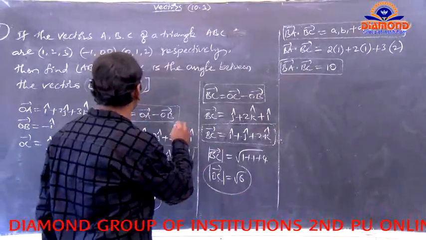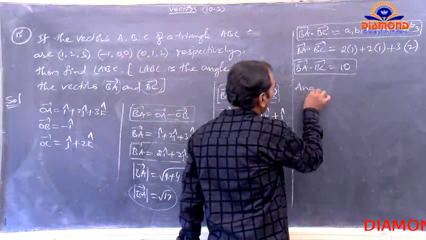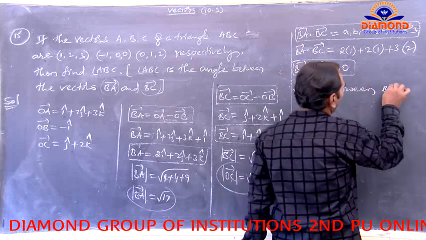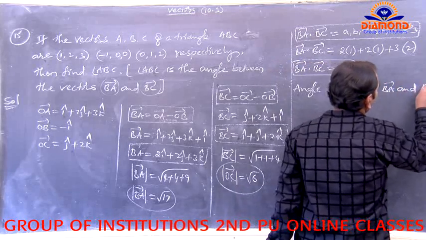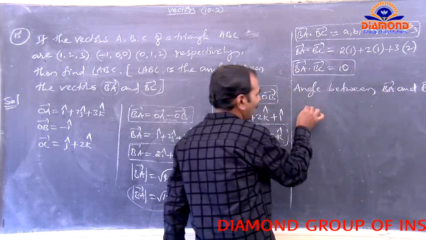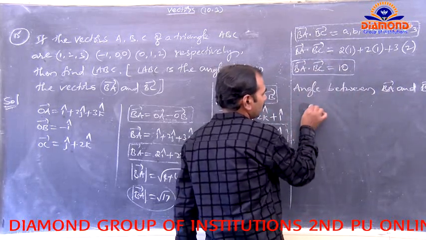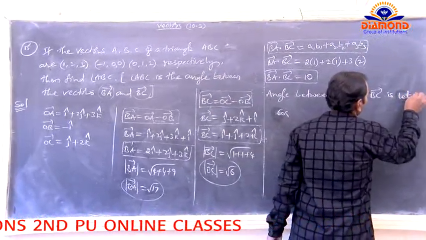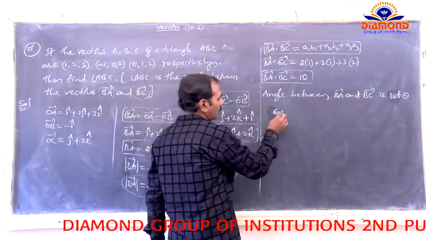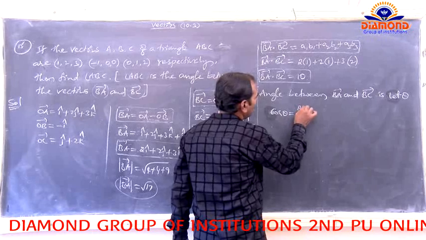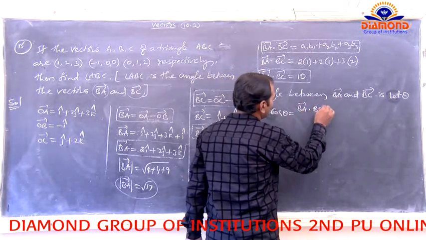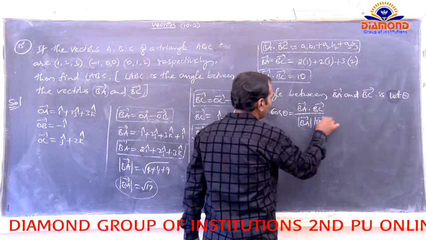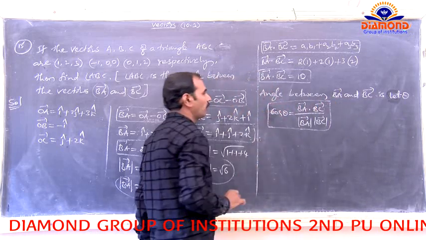So what is the angle between BA bar and BC bar? Let the angle be theta. cos theta equal to BA bar dot BC bar divided by BA bar magnitude times BC bar magnitude. This is your formula.